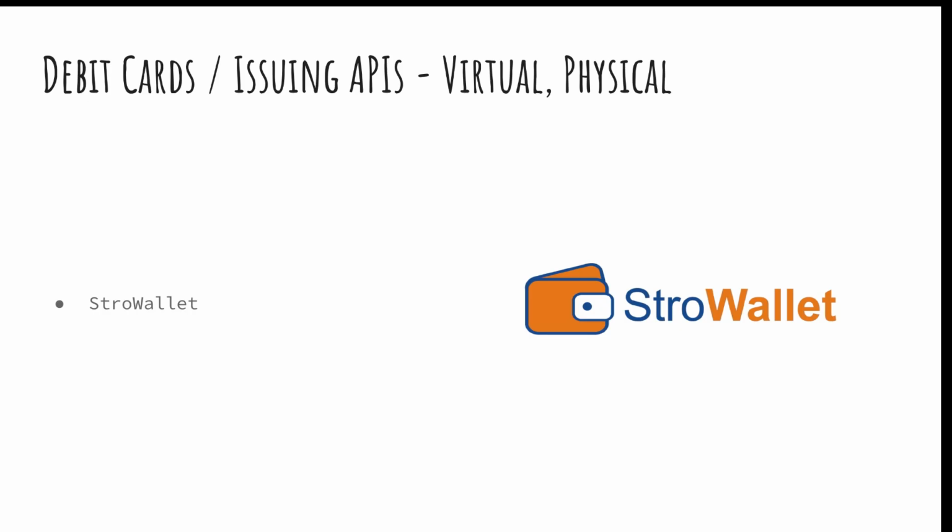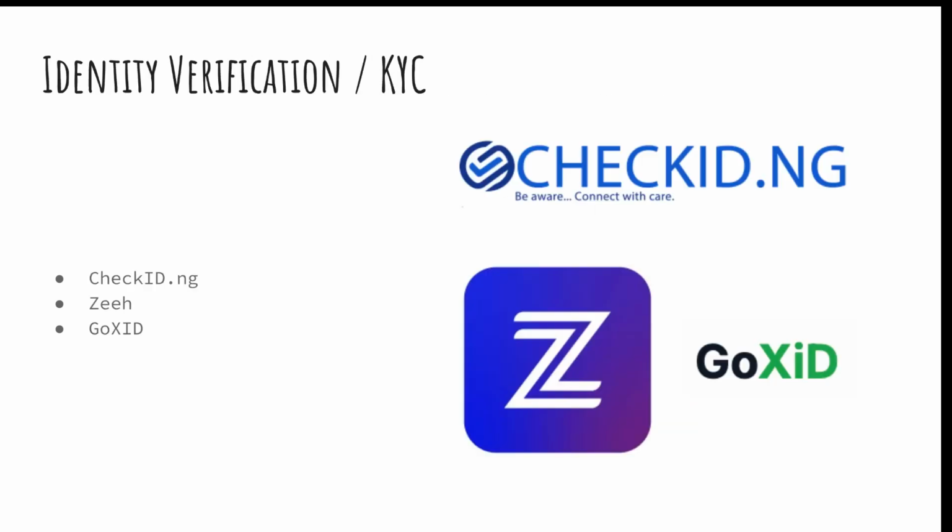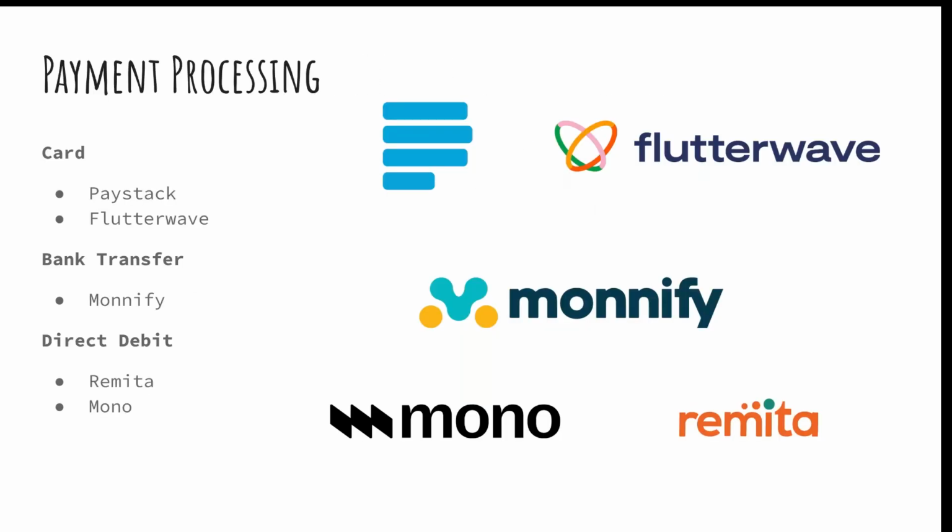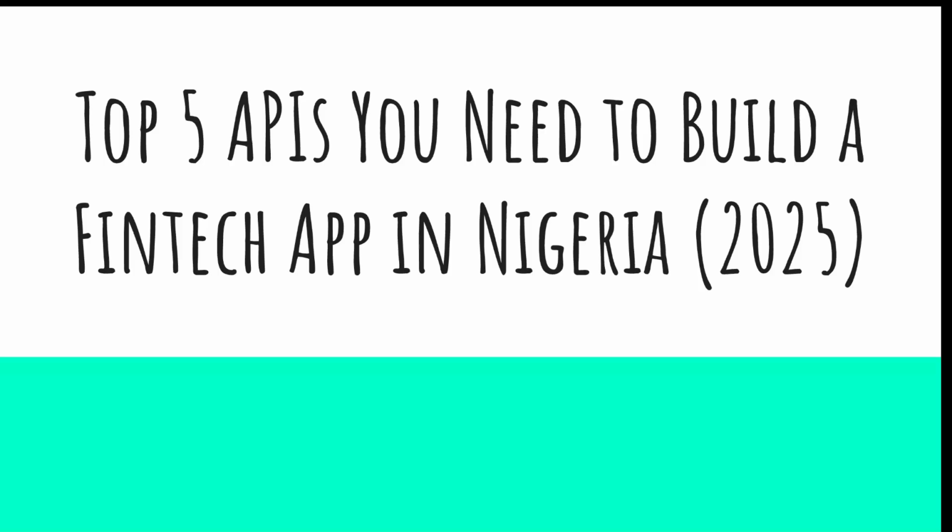Else, you have to go the whole long route of Interswitch or Union 54. I kept this list as simple as possible, so I excluded most of the APIs. Well, that's the overview of the top 5 APIs you'll be consuming building a fintech app in Nigeria in 2025.